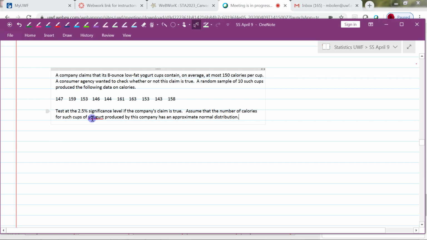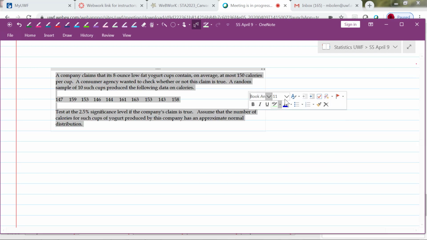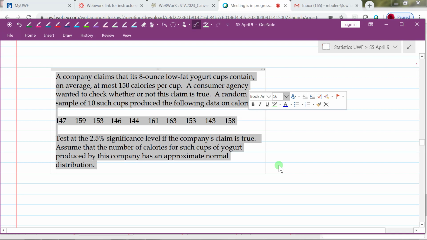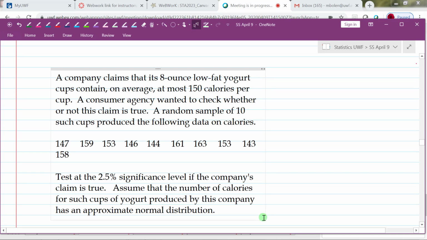I'm going to give you guys 2 to 3 minutes to work this problem on your own. Let me make it big enough where everybody can see it.